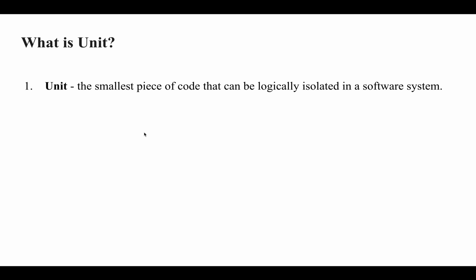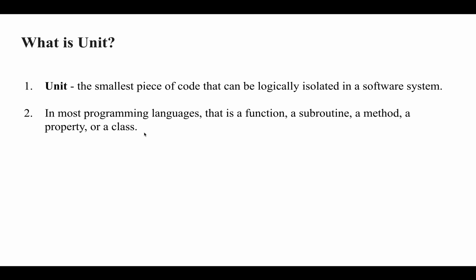So let's get started and understand what is meant by a unit. In a software system, we have code blocks, and unit means the smallest piece of code that we can test, that we can logically isolate and test. In most programming languages, we have functions, subroutines, methods and classes. And here unit means either a function, a method or a class.